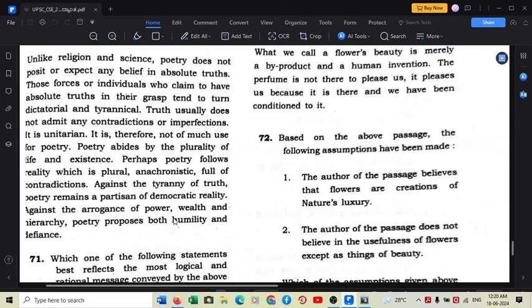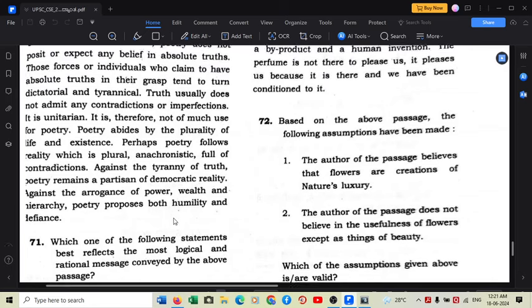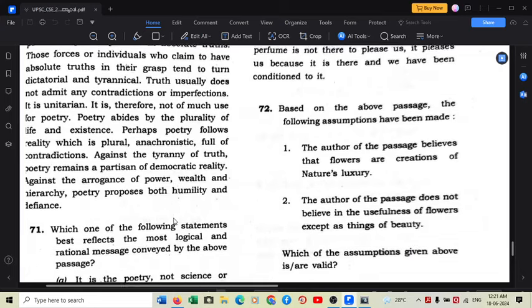Against the tyranny of truth, poetry remains a partisan of democratic reality. So poetry is more inclusive. Against the arrogance of power, wealth, and hierarchy, poetry proposes both humility and defiance. So definitely poetry is beyond religion, beyond science, and more inclusive.